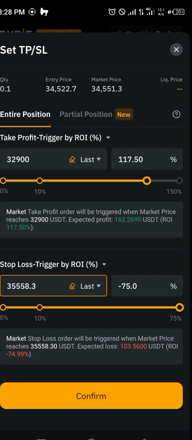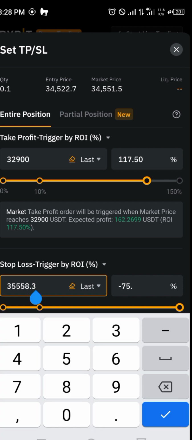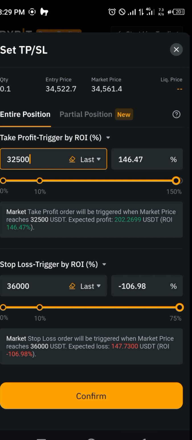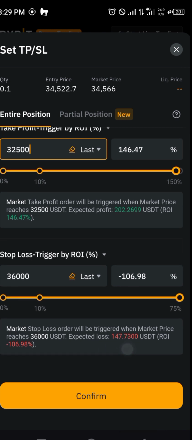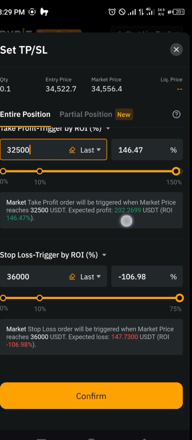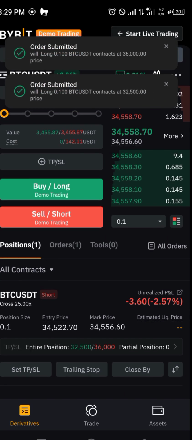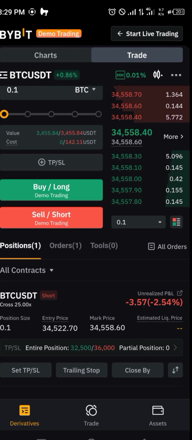So aside from that, also most times you can just go with okay, 36 to 2,500, and here you look at what I'm going to be losing, $147 here, and here I'm going to be making 2. And once I click this confirmation, the trade has been set already.